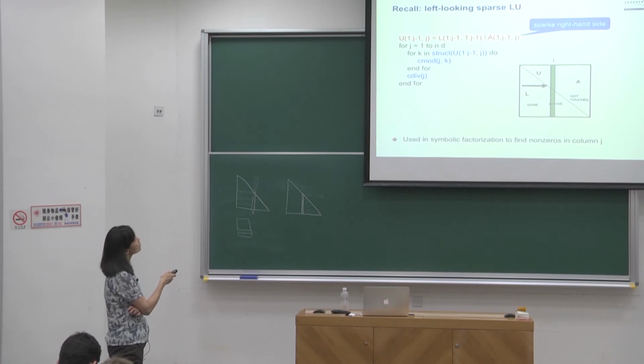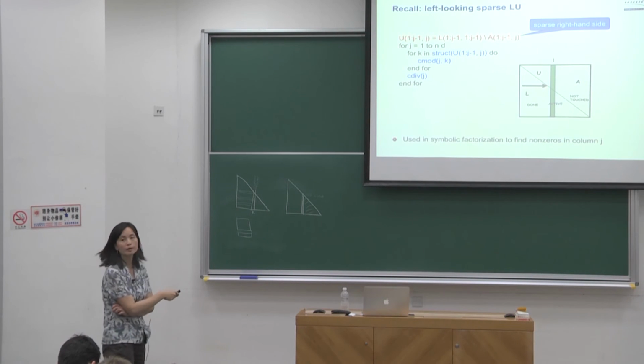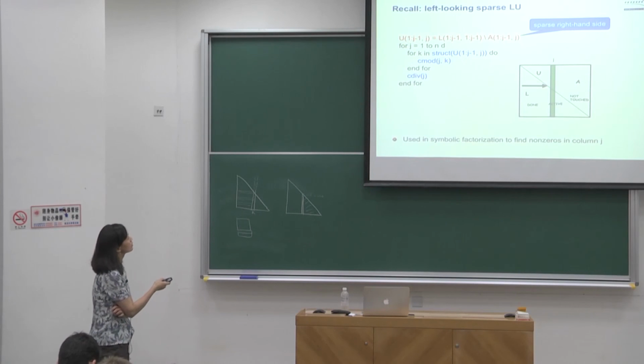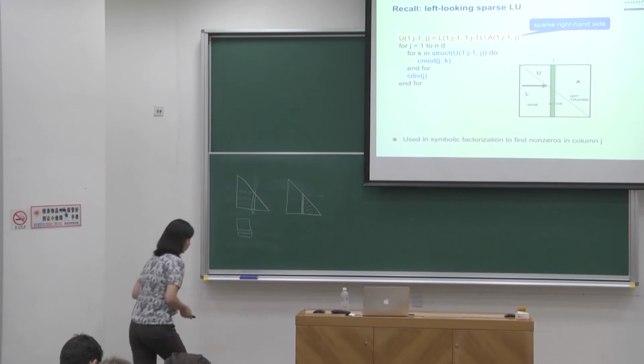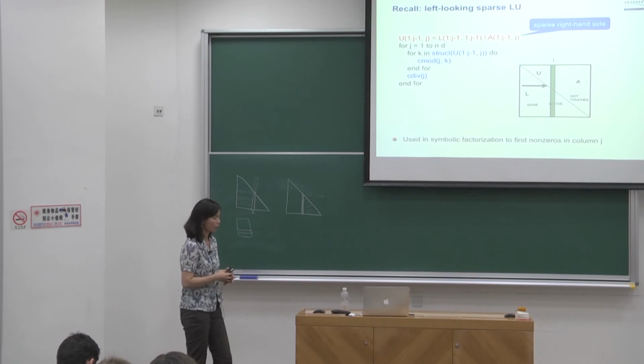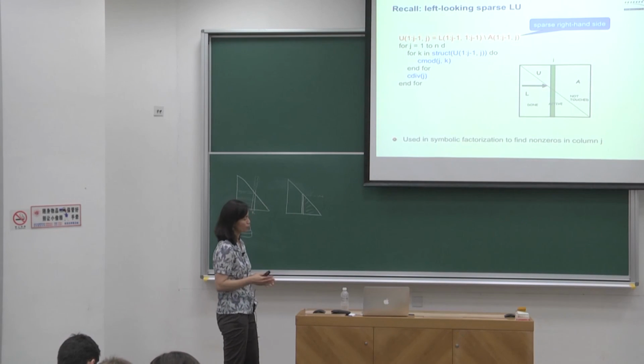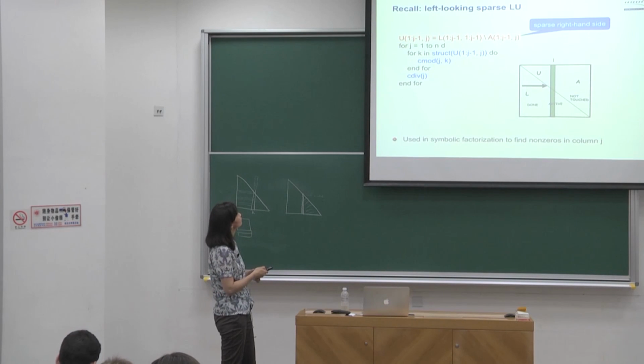So this column is actually a sparse right-hand side, and the operation is a sparse triangular solve with a sparse right-hand side. That's where the sparse triangular solve is useful in sparse factorization. But in general, there are quite a few applications where the right-hand side is sparse, not entirely dense.